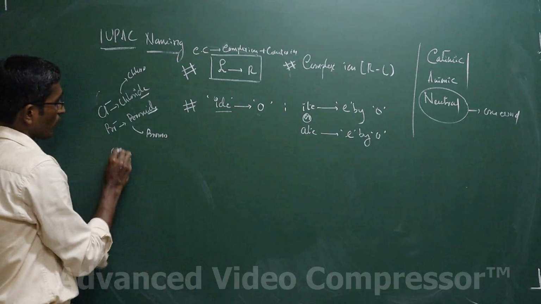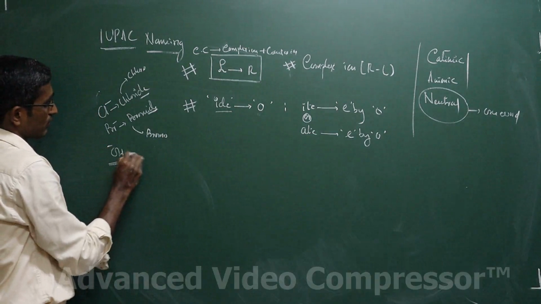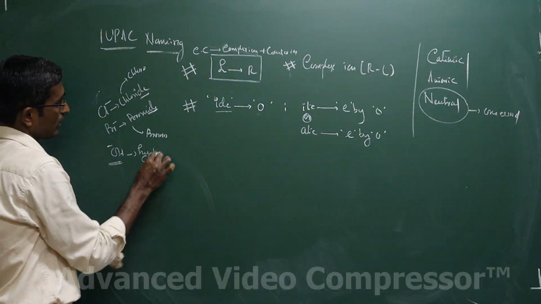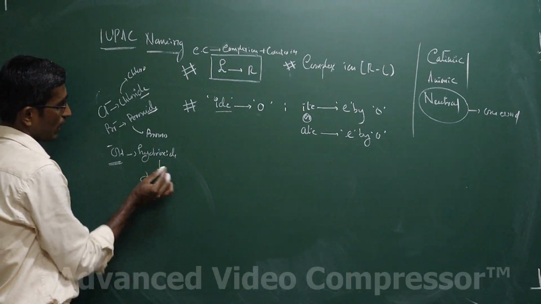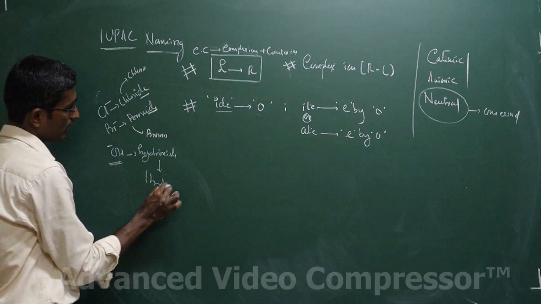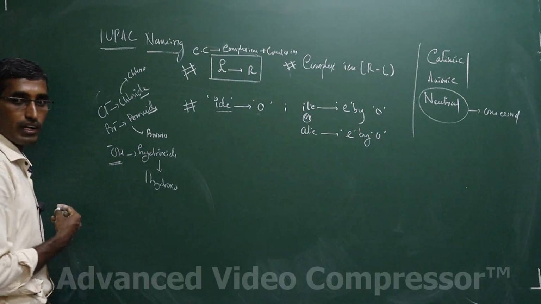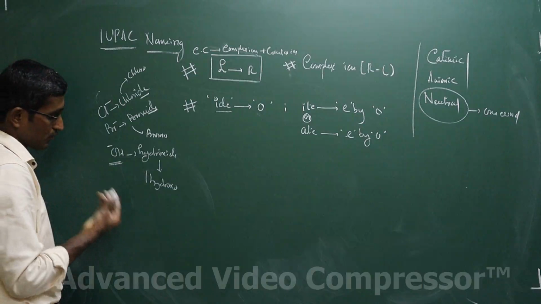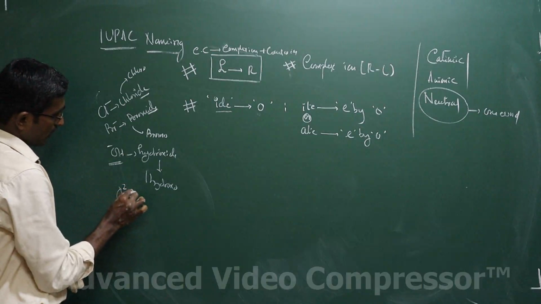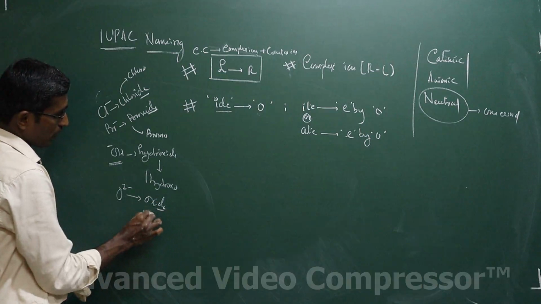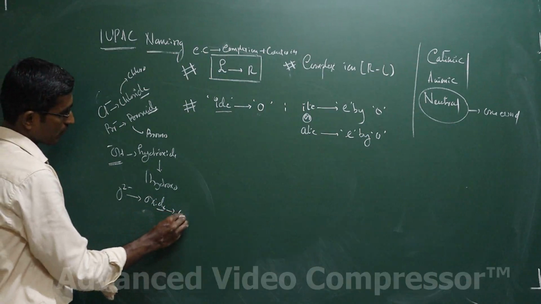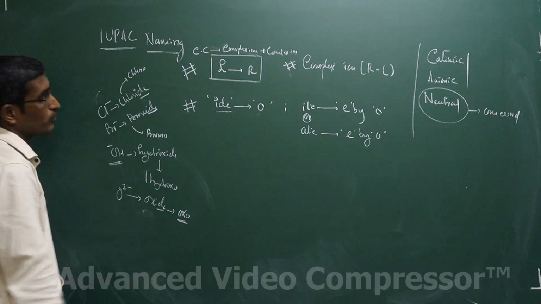Bromo. Hydroxide ligand, right? How do you name it? Hydroxo. O2 minus, what is this? Oxide ligand, right? How do you name it? Oxo. IDE has to be replaced by O, that is oxo. Very simple.